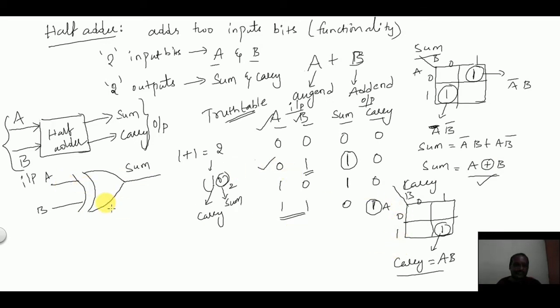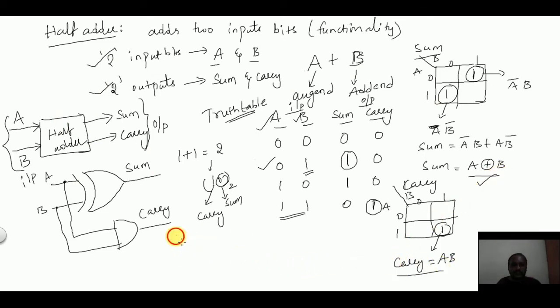Similarly, carry is equal to A into B, that is an AND gate between the two input variables A and B, and you get the carry. This is how we can design the half adder circuit. The important thing is that half adder consists of two inputs and two outputs, where sum is equal to A XOR B and carry is equal to AB.